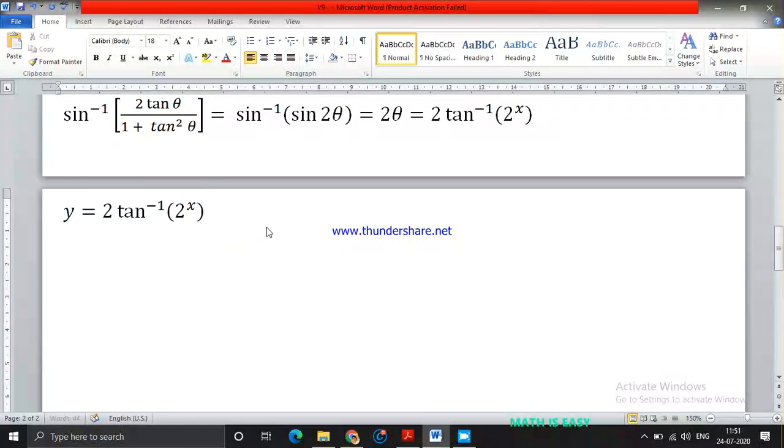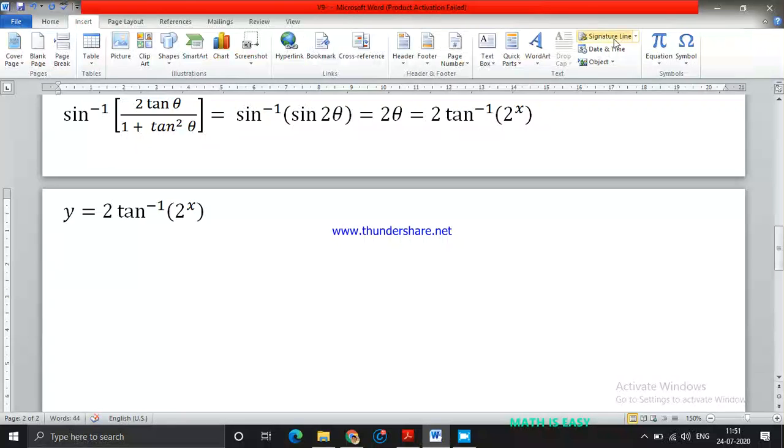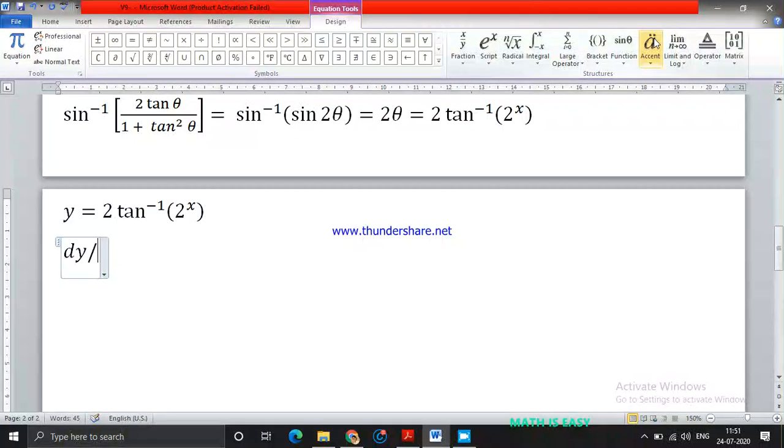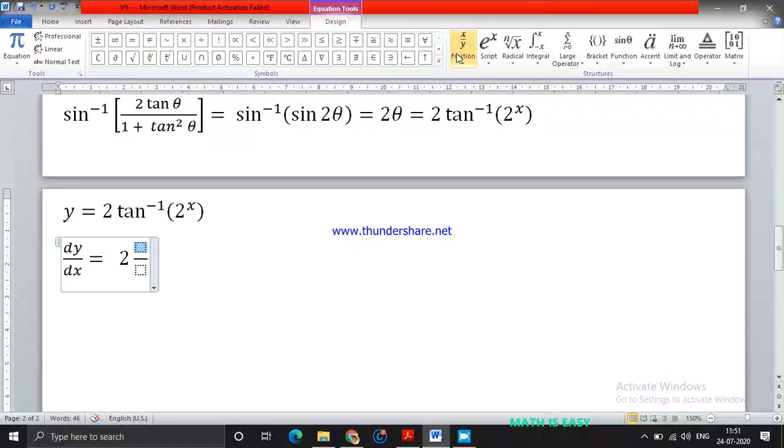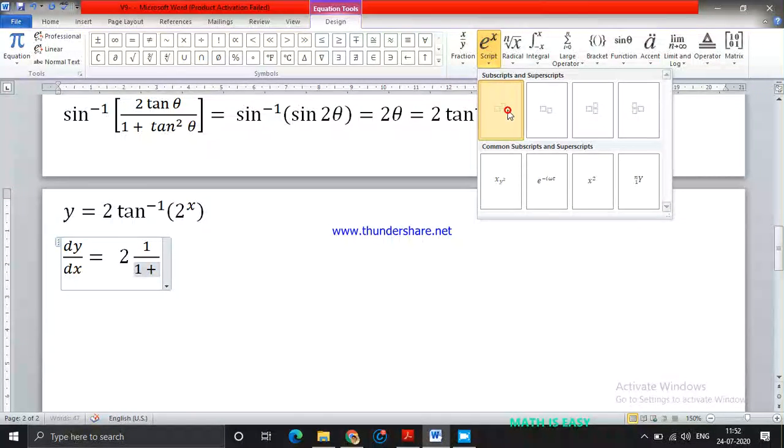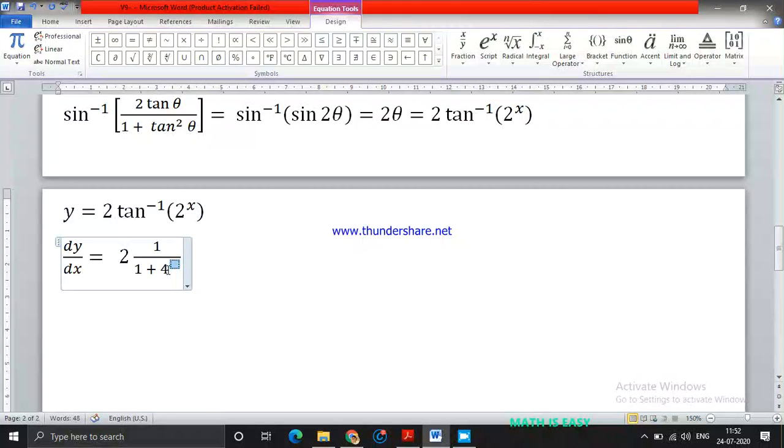Okay, now when I differentiate with respect to x on both sides, you will get dy upon dx equals 2 into, so what do you think, the derivative of tan inverse x? It is 1 upon 1 plus x square. Here x is 2 power x, and 2 power x whole square is 4 power x, just as we have done. So 1 upon 1 plus 4 power x into the derivative of 2 power x.